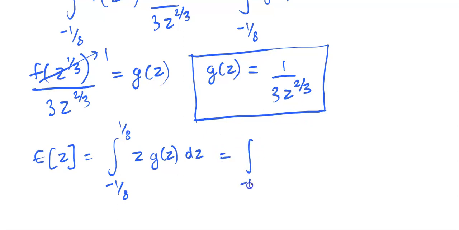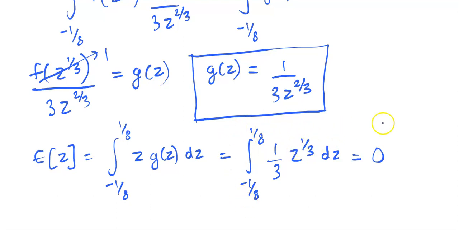So this would be, let's see, we have a 1/3 from here. We have z divided by z to the power of 2/3 dz. Alright, so if you were to evaluate this integral, you would get 0. And similar to the reasoning that we had earlier, the cube root of z is an odd function, so it's symmetrical about both sides of the y-axis.